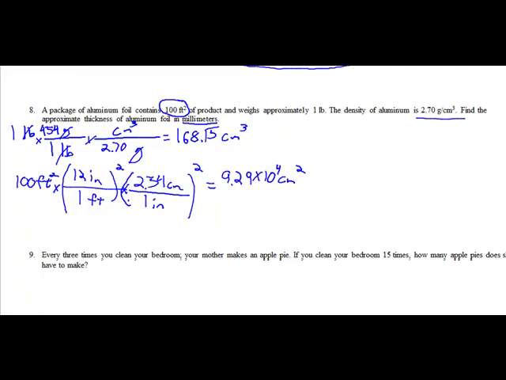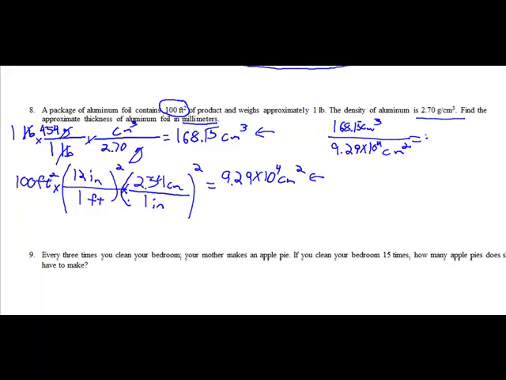centimeters squared. So now I realize that I know the volume and I know the area. So what I can do, if I divide the volume by the area, just thinking about units here, centimeters cubed divided by centimeters squared, I should get the thickness in centimeters. So 168.15 centimeters cubed over 9.29 times 10 to the 4th centimeters squared. So my units of my answer are going to be in centimeters.